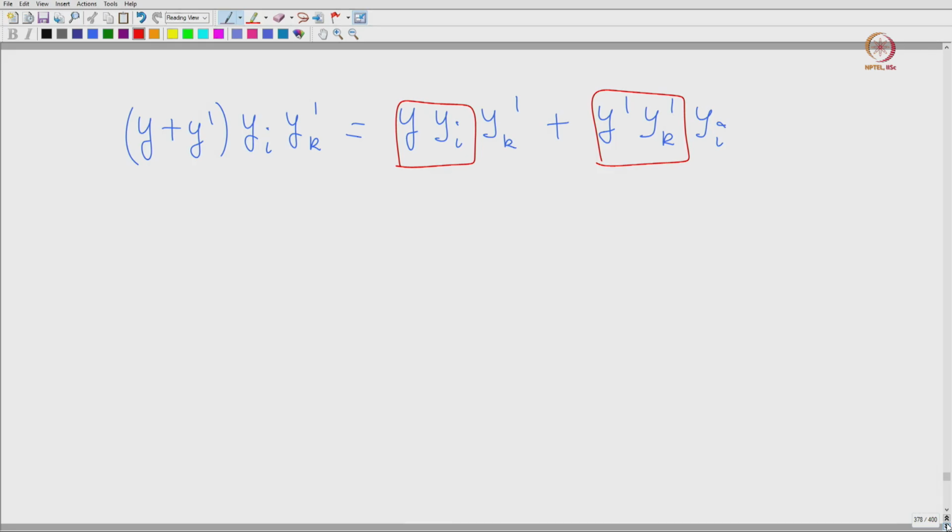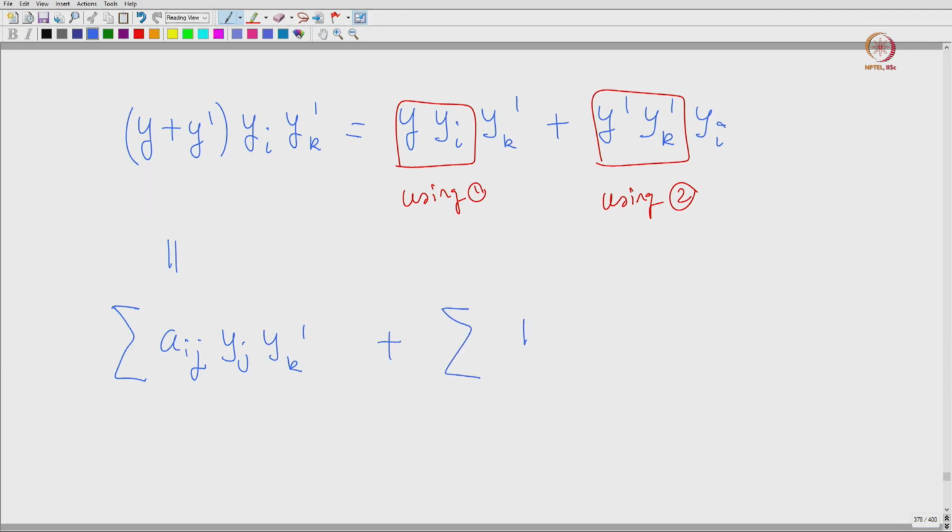So, this is using 1 and this is using 2, we replace. Then what we get is exactly equal to summation a_ij y_j y_k dash and then summation b_kj y_j dash y_i.